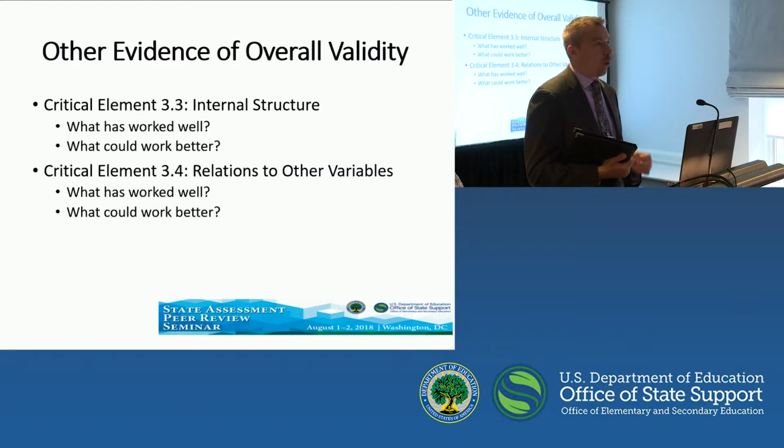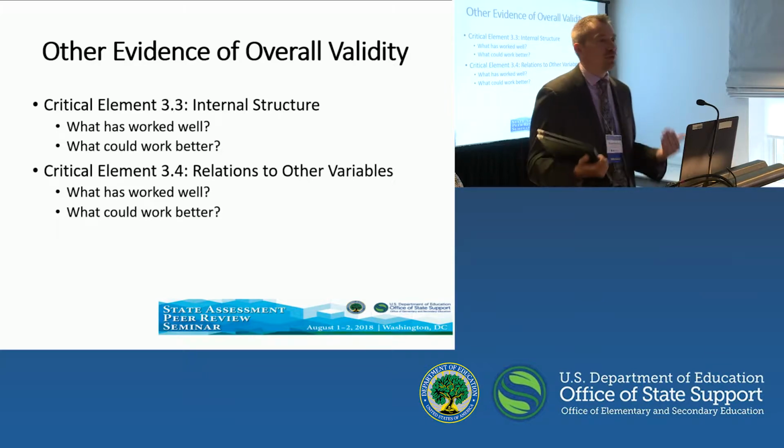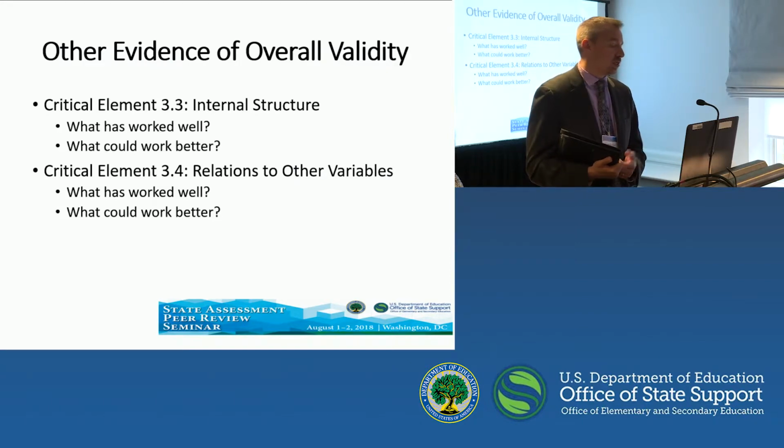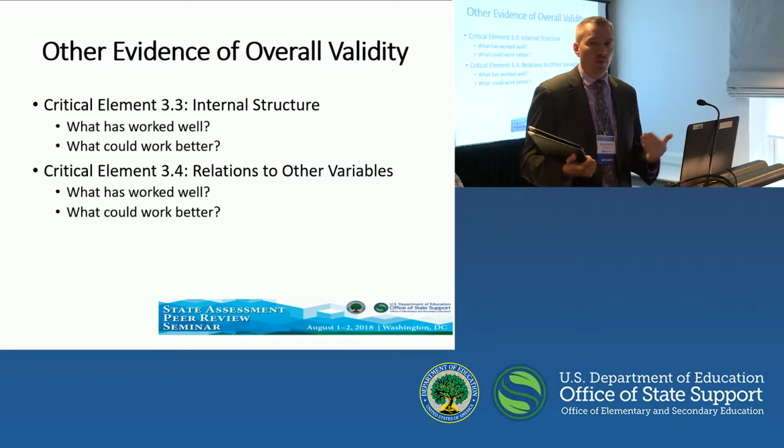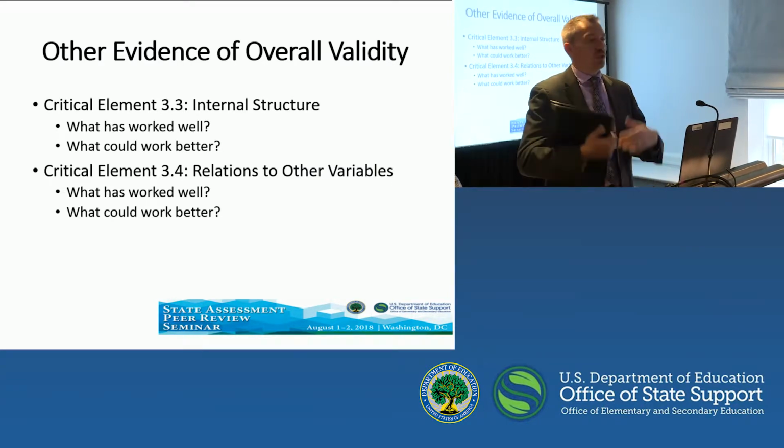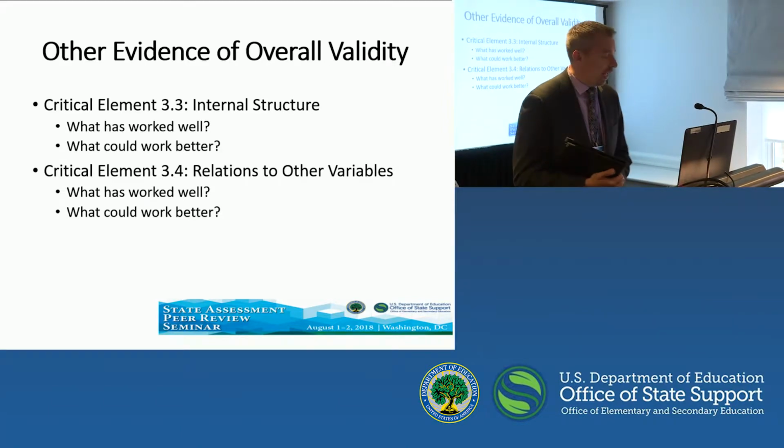But then at the reporting stage, wanting to report subscales. If what you've had all along is unidimensionality tests and you've shown these subscales are very highly correlated, that really undermines the argument to eventually report subscale scores. So that's one example of what could be done better, just that alignment among the theory, the structure that's seen, and also the reporting on the back end.